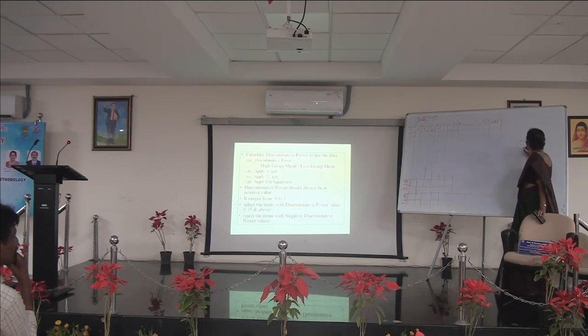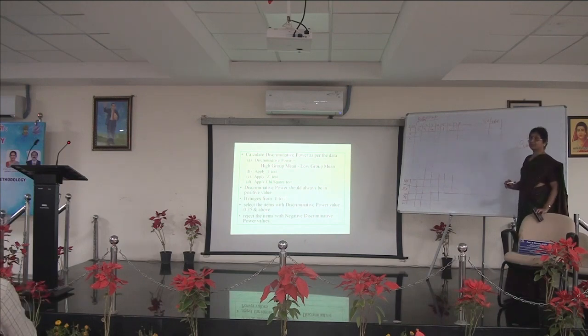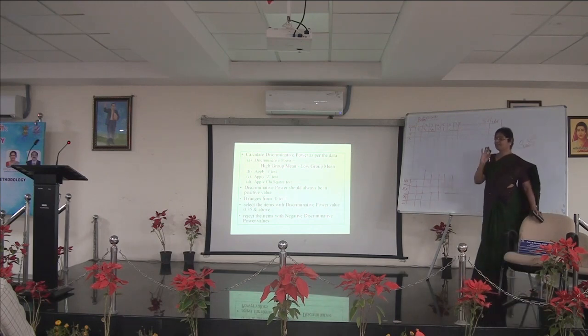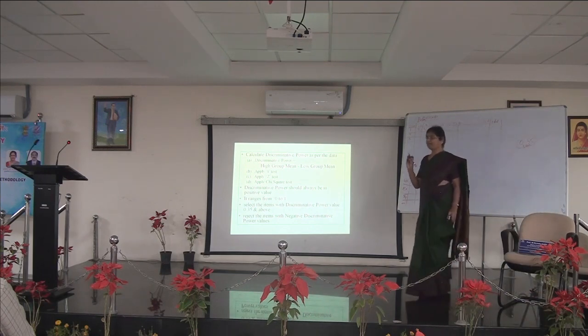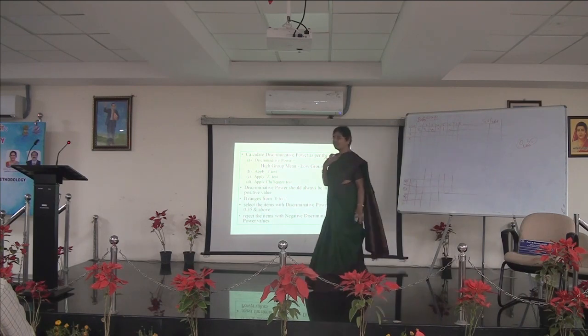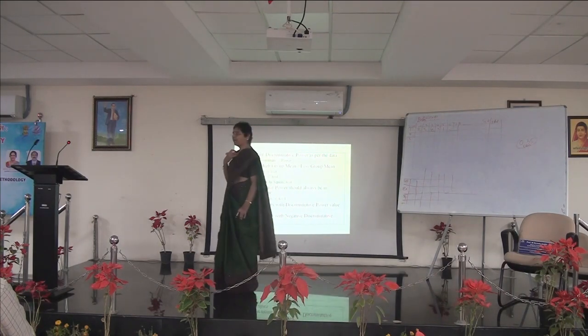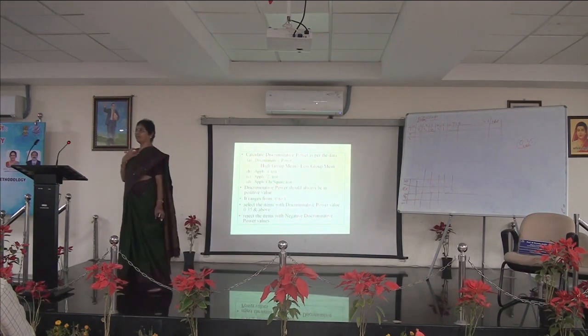This is the satisfaction value. If I got a DP of 0.2 or 0.1, how can I know whether the item is acceptable?